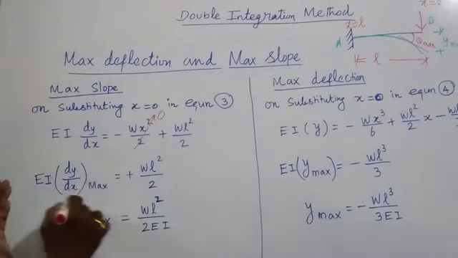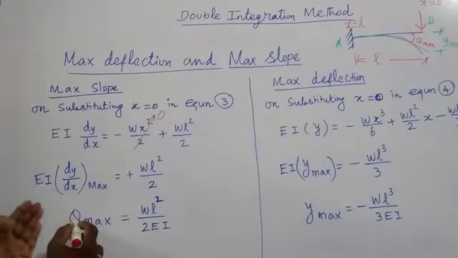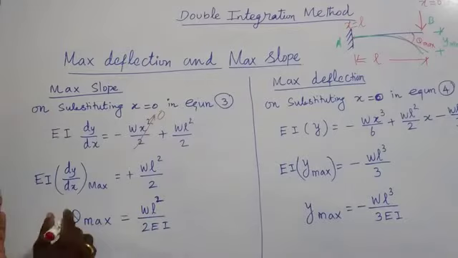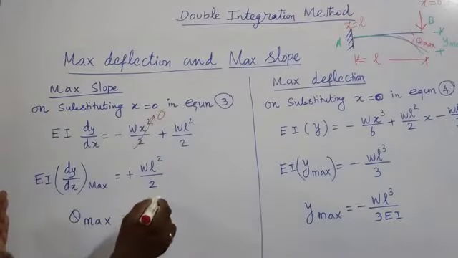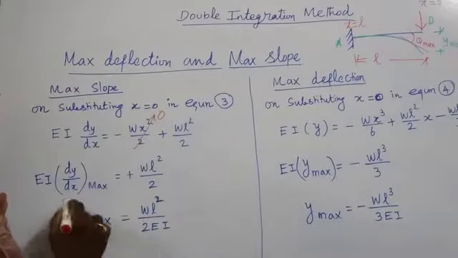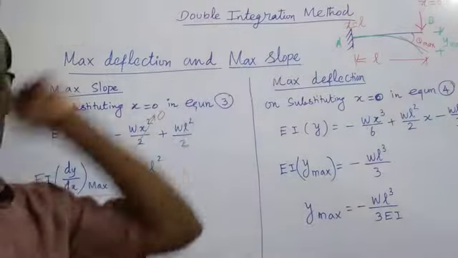What is dy by dx max? This is nothing but theta max, the maximum slope. This EI comes here, so theta max equals WL squared by 2EI. This is the maximum slope for the cantilever beam.